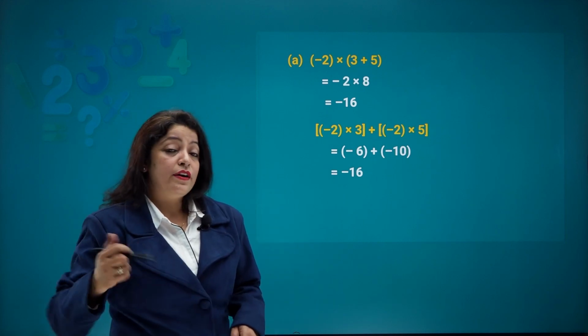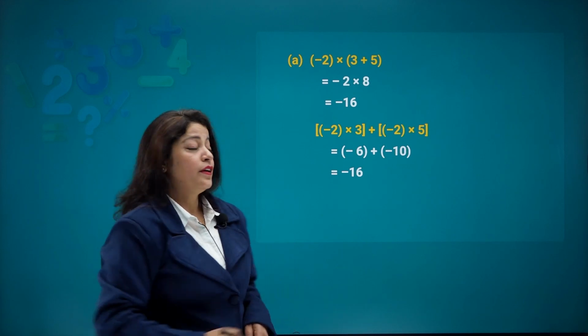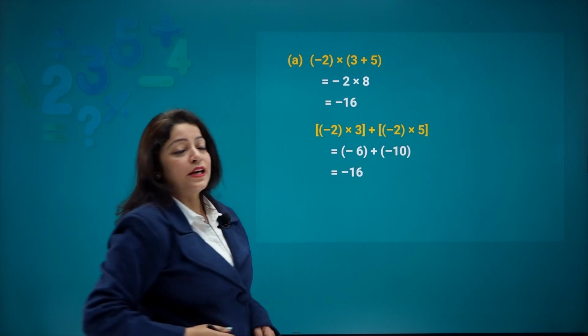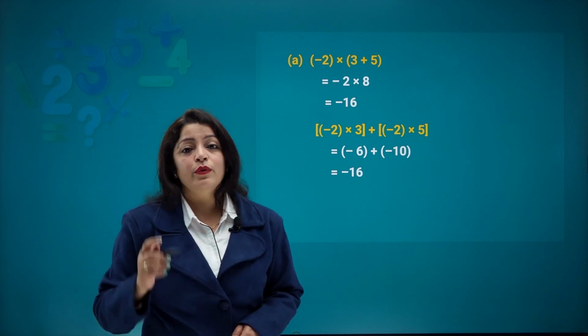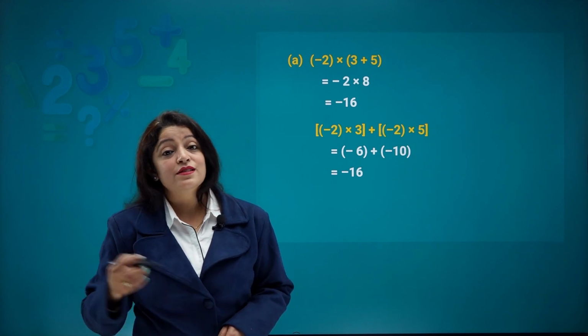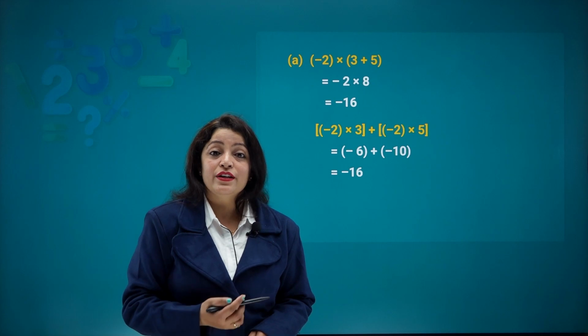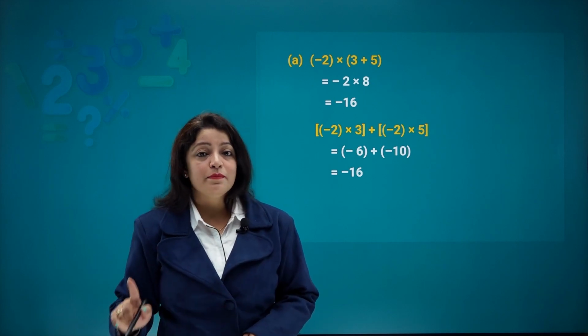Now, if they are adding, that shows we have to simply add the integers, because here they are of the same sign. Whenever they are of the same sign, we add the integers. So here 6 plus 10 gives you 16, and since they both are negative in sign, the final result will also be negative, because here they are not getting multiplied.